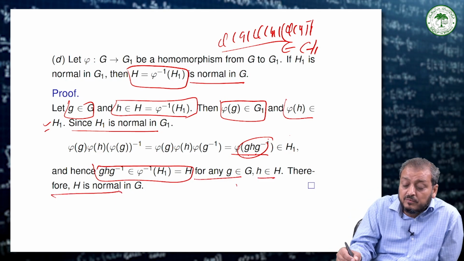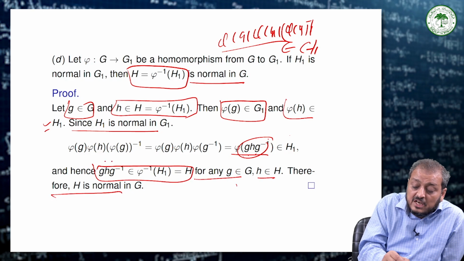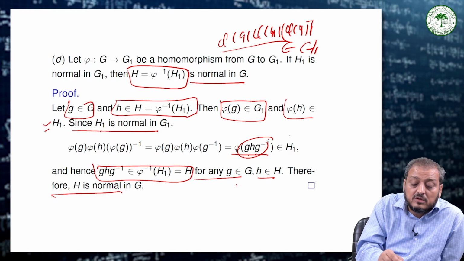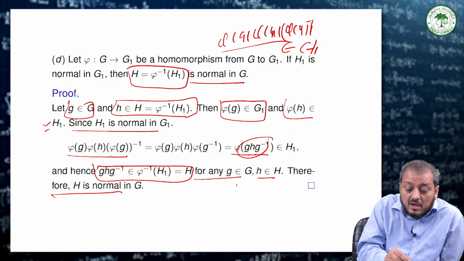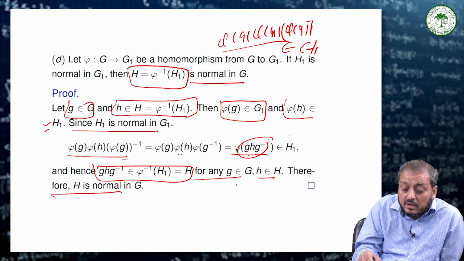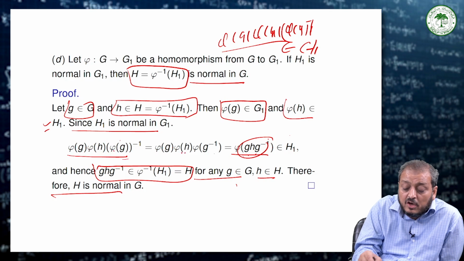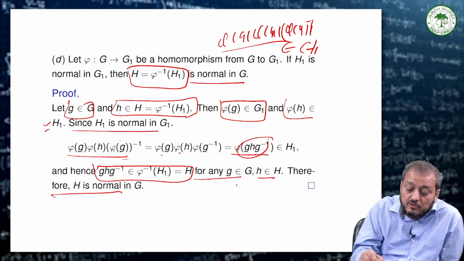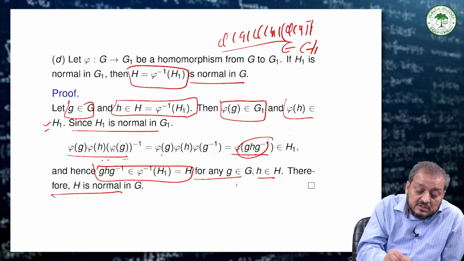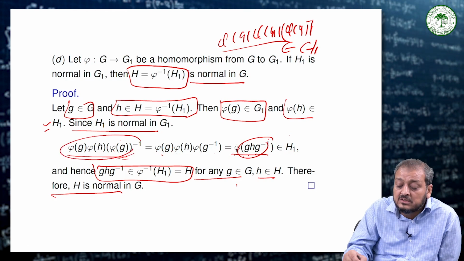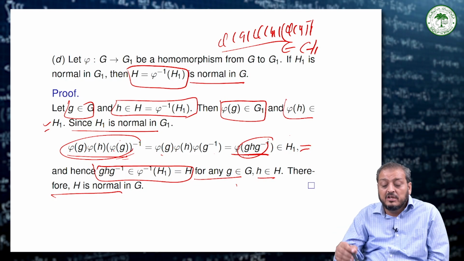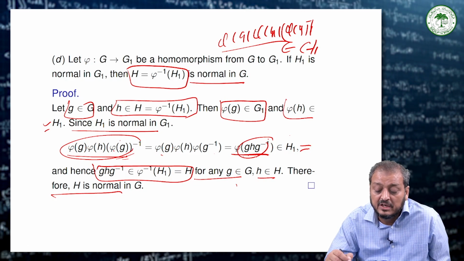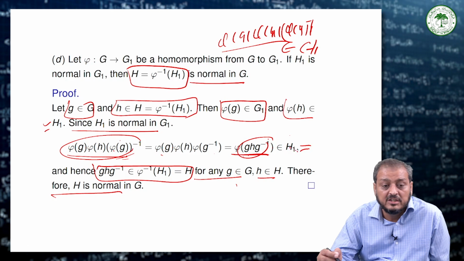So we can start from this because we know that this is an element of H1 because H1 is normal. If this is normal, then we can use this inverse property, then we take the homomorphism, and we have phi of g h g inverse, which is an element of H1. This whole is an element of H1, meaning phi of g h g inverse is an element of H1.